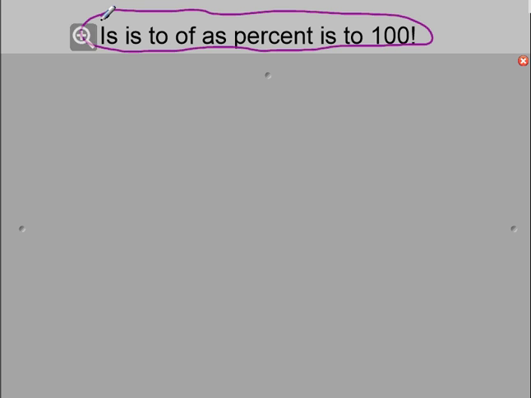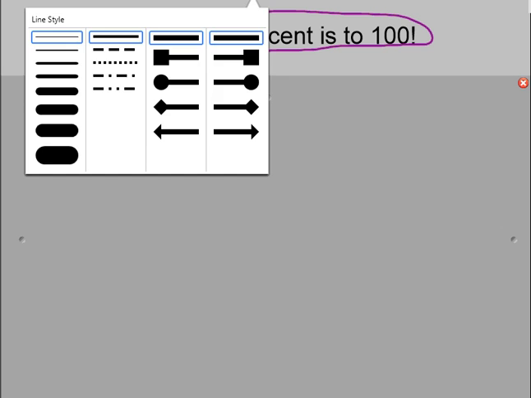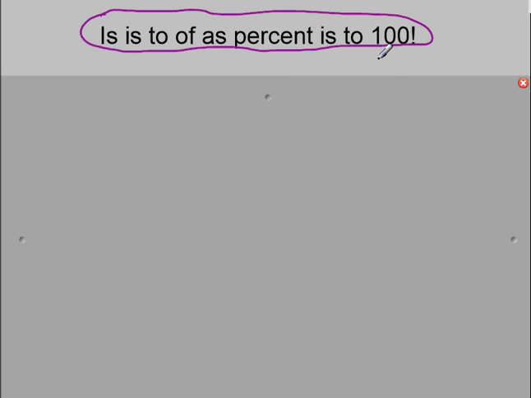If you've ever learned in language arts class about analogies, this format of this little sing-song thing will be familiar. Imagine if I said hat is to head as glove is to, what would you say?